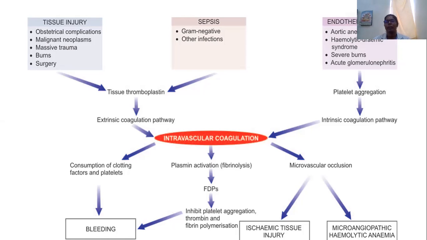Hope you have understood well about DIC. If DIC is asked, you should tell what DIC is, what the etiological factors are, and what phases are involved: activation of the coagulation factors, then the thrombotic phase, consumption phase, and secondary fibrinolysis, and the morphological changes that occur in the kidneys, brain, and various organs.